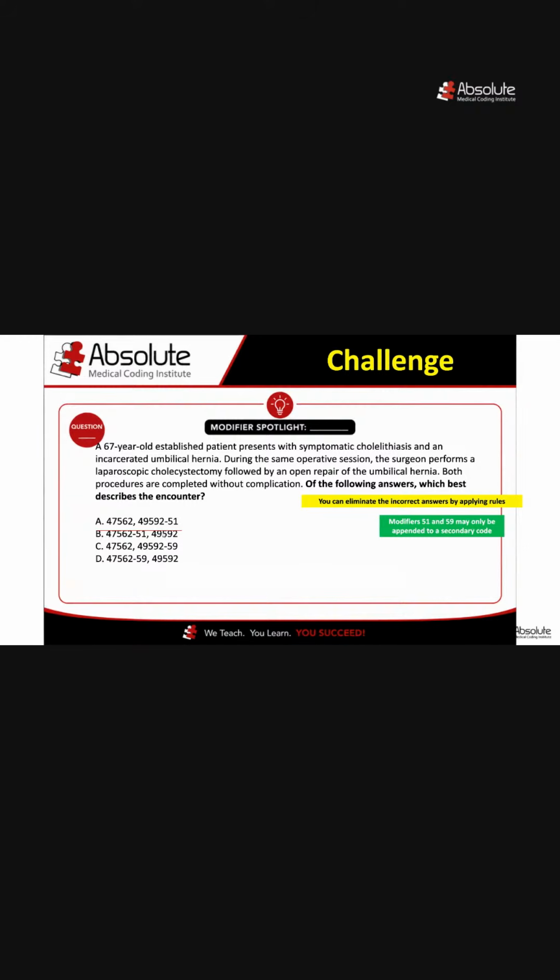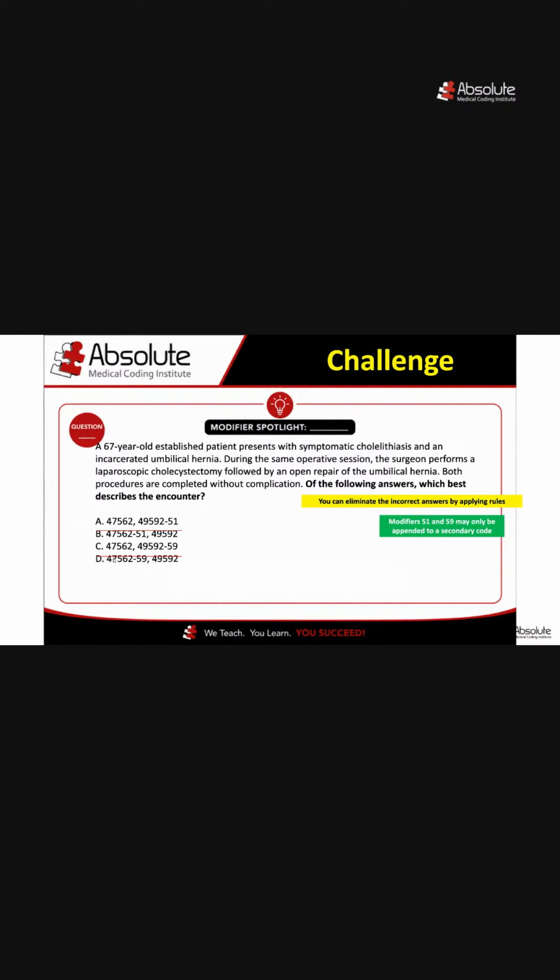Also, the 59 modifier is on D. It cannot be on a primary or principal procedure. That's a multiple procedure modifier, so it must be on the procedure that makes it multiple.